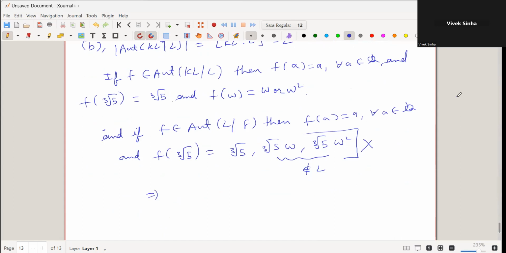So f of cube root of 5 can be only cube root of 5 itself.